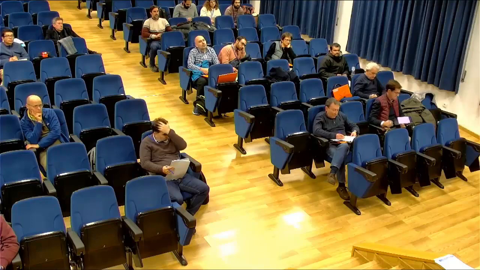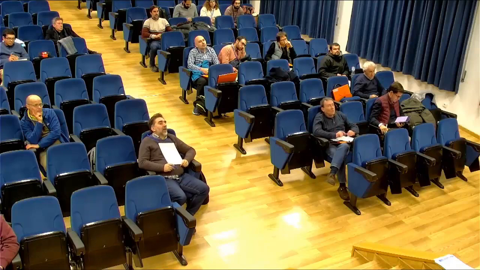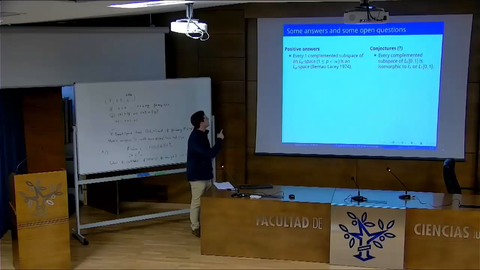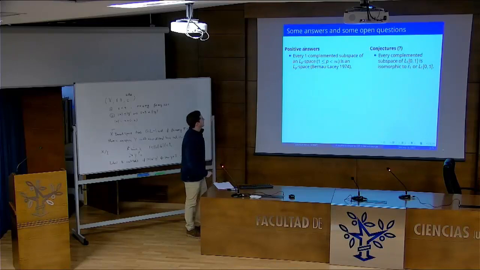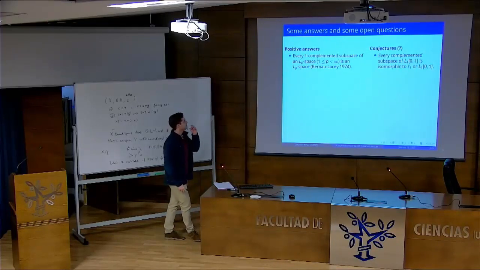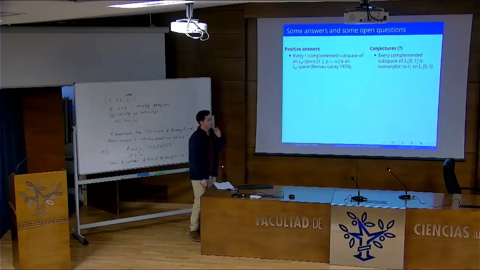And now I'm going to indicate some positive results about the complemented subspace problem. The first result is that every one-complemented subspace of an Lp space is an Lp space isometrically.